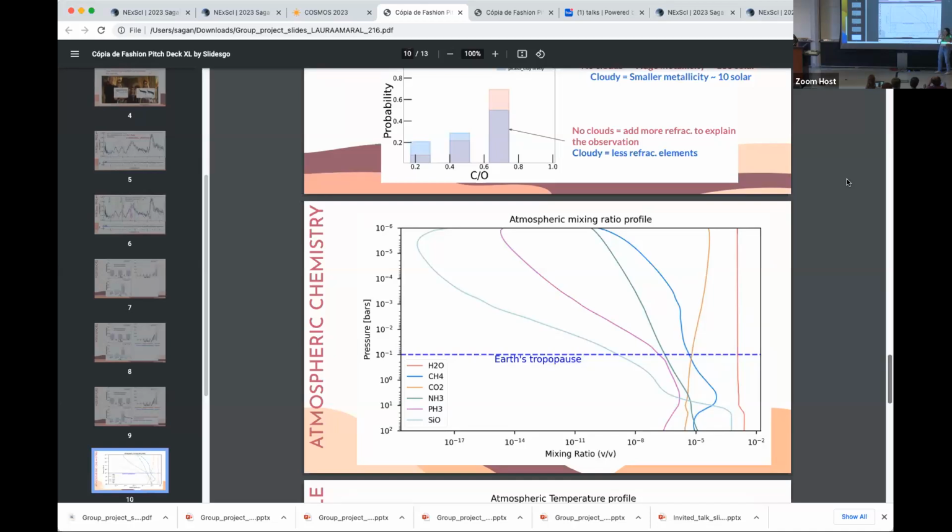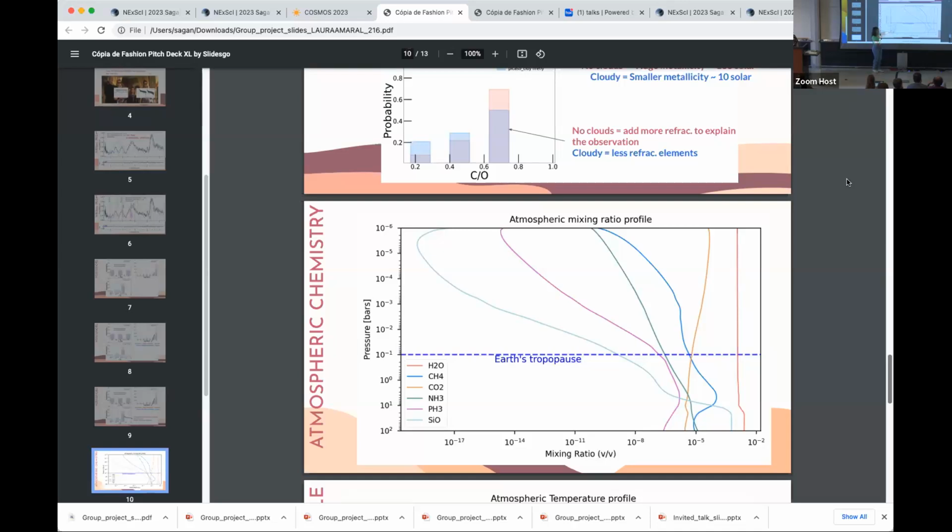What I understand happens here, at these points and these bumps, is that some clouds of those elements could be forming: CO2, water, methane, and a little bit of silicate oxide, I think, in English.